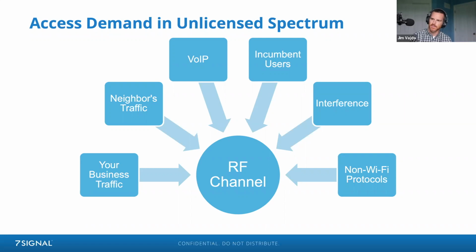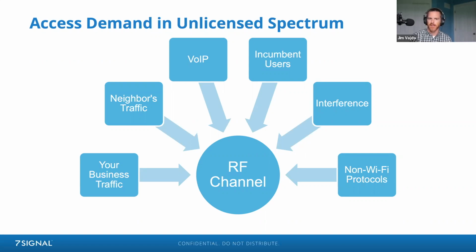And this is even when we apply QoS. We're still kind of, that has a probabilistic influence on channel access, but it doesn't really change the fact that there's other protocols, there's interference, and it's hard to get QoS to work reliably in both directions as well.